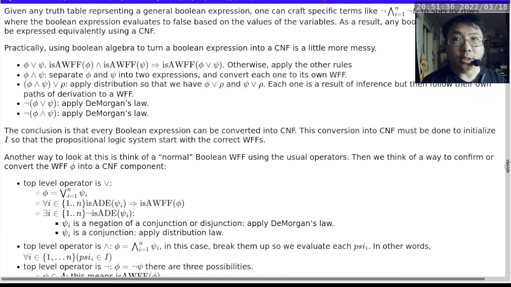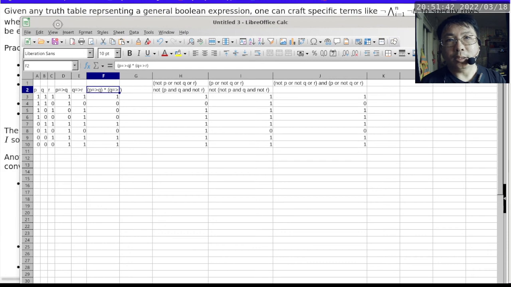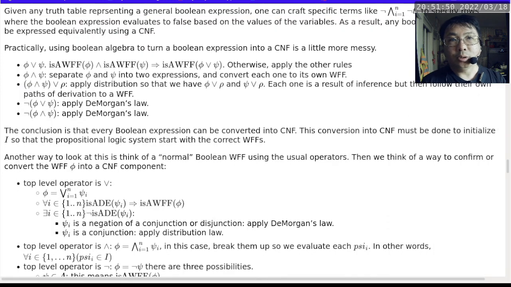Well, we can use Boolean algebra. And you might say, but we can also use the technique that I just showed here, right? Because we can just attack or turn these rows into a false one by one. That approach is kind of tedious, right? Especially when you have a lot of variables.